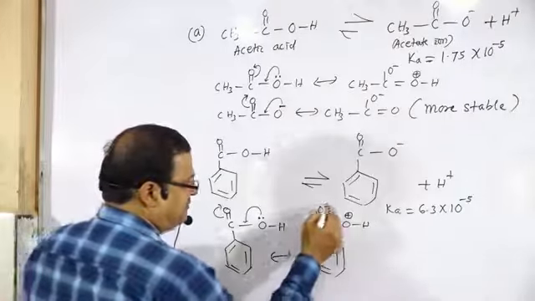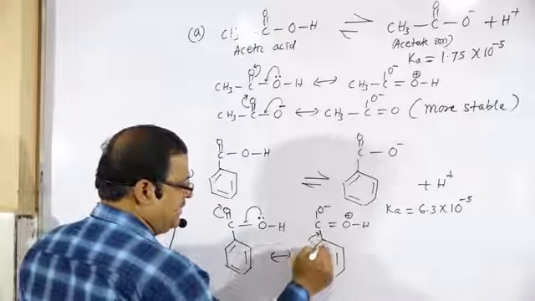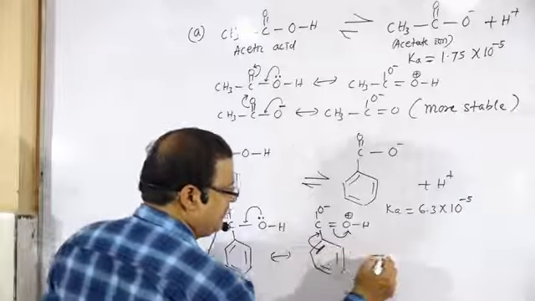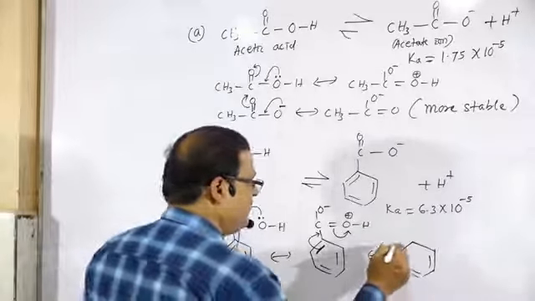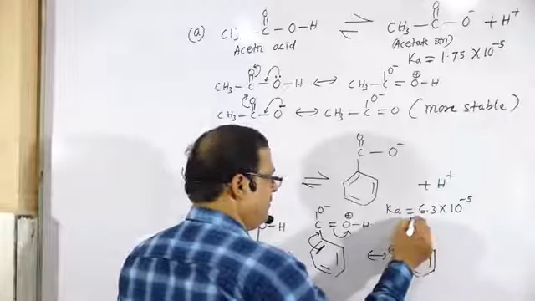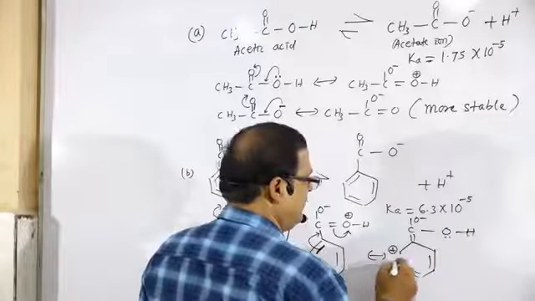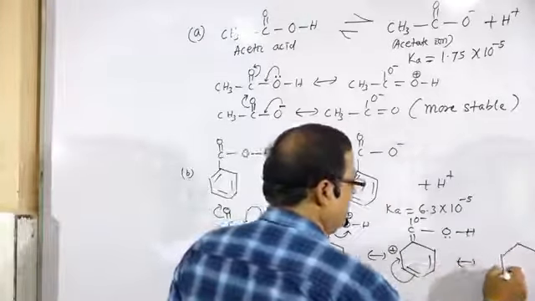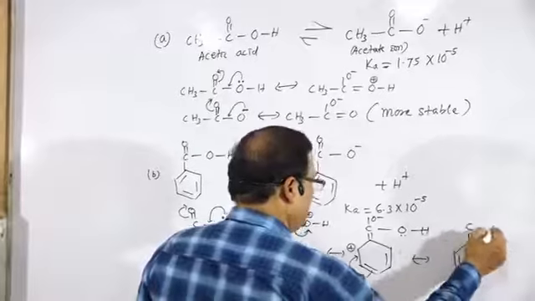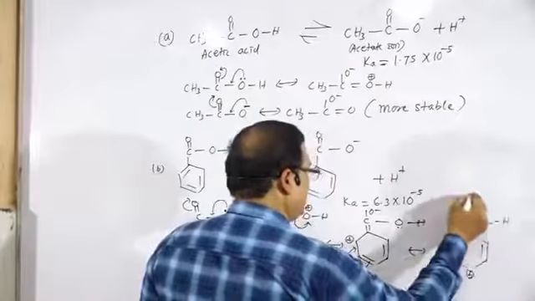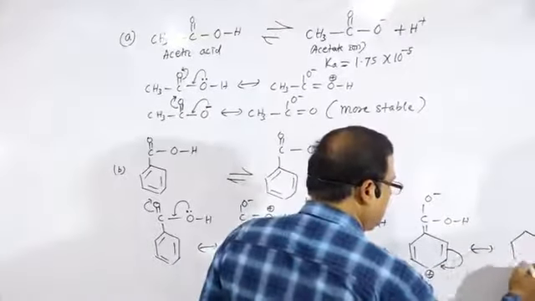Lone pair comes to the bond. Again, negative charge, or the bond will be shifted to this side. So because of conjugation, resonance is going on.